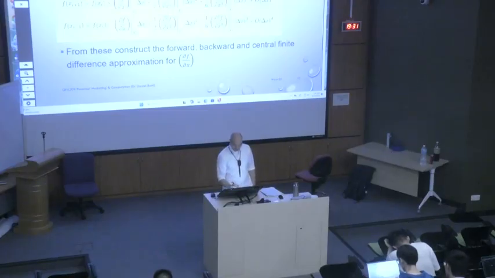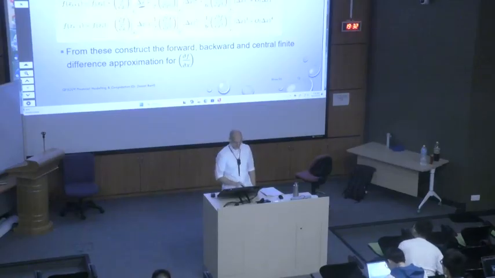So this is maybe the function. This is my point xi. This is my point xi plus 1. If I want to compute this point here, I can take the tangent at xi and go a bit in the direction of xi plus 1, so that's this delta x here.